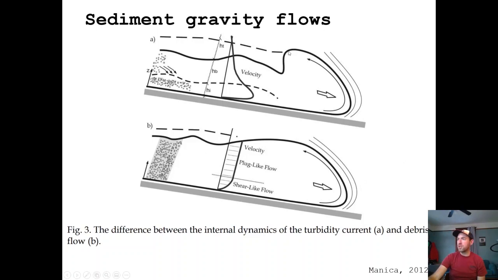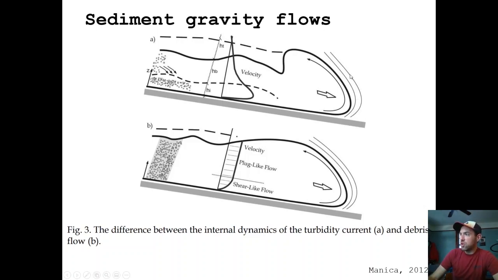But one thing you'll notice here is at the head of this flow, right? You don't really talk about the head of a flow of a fluvial system because it's assumed to be so far away that it's not relevant in all cases. But when a debris flow initiates, the flow starts off at some interface here between the ambient water and the flow itself, and the dynamics of this head are really interesting.